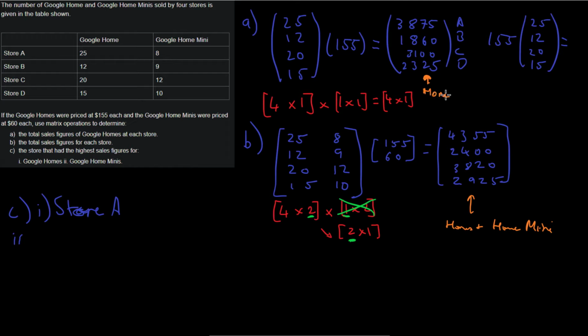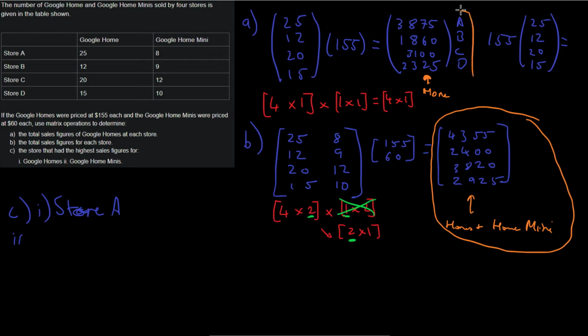This is just home. Now, I could subtract. I know what I could do. I could subtract. So this matrix down here is the combination of home and home mini, and I've got this home up here. So if I did this one subtracted by that one, I'll just get the minis left over. Does that sound good? Yeah. Okay, let's try that out.